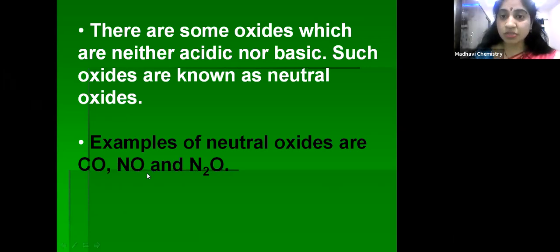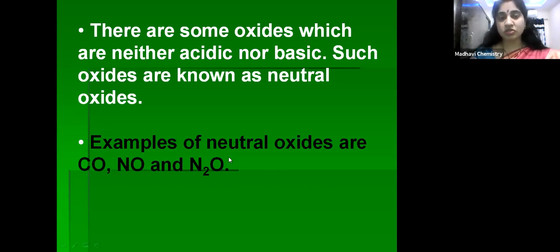So this is about simple oxides: acidic oxides, basic oxides, amphoteric oxides. Acidic oxides combine with water and give acids. For example, non-metal oxides are acidic oxides, and metals in their high oxidation state can also show acidic nature. Basic oxides, when combined with water, give base. So metal oxides are basic in nature.